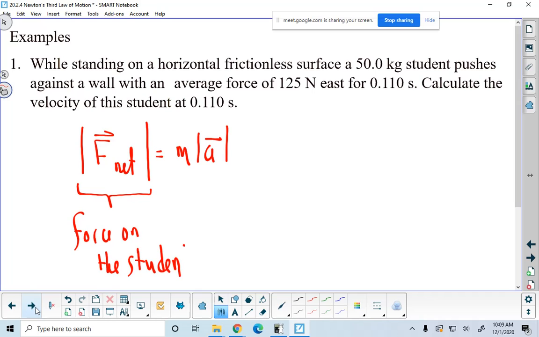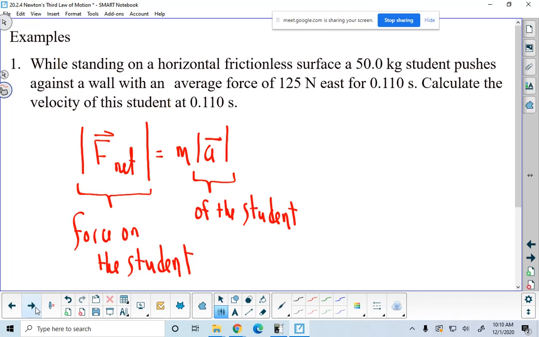And what I'm about to explain is, no doubt about it, picky. This is very, very picky, but it's important. This acceleration will be of the student. So here comes the picky part.